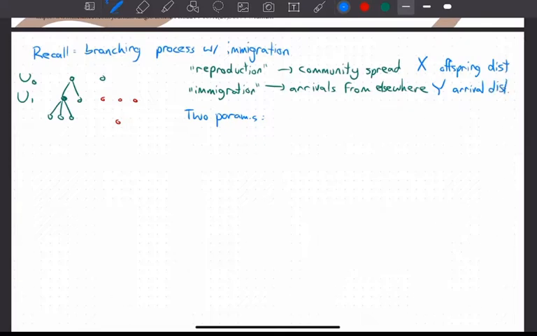The way the model works is we have some initial population of infected individuals, and then in general, in generation n plus 1 you have the new arrivals Y_n, and then the random number of infections that each of the individuals of the previous generation caused.